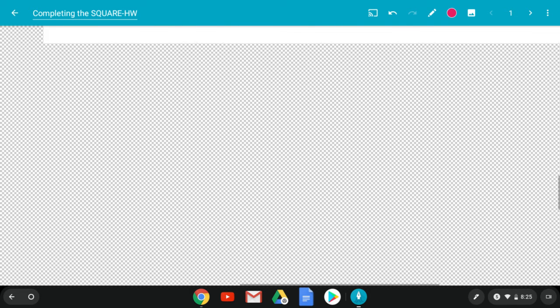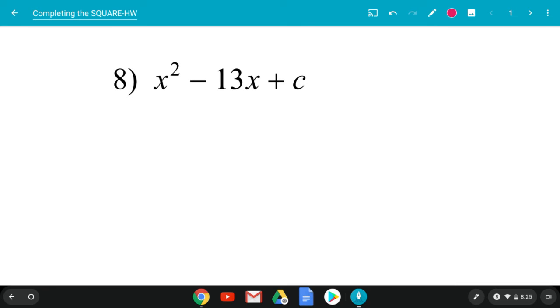Let's try one more. What do we do to the middle number? Divide it by 2. So 13 divided by 2. But that doesn't go in evenly, does it? See, this is why I like fractions, because, yes, I can put it in there.